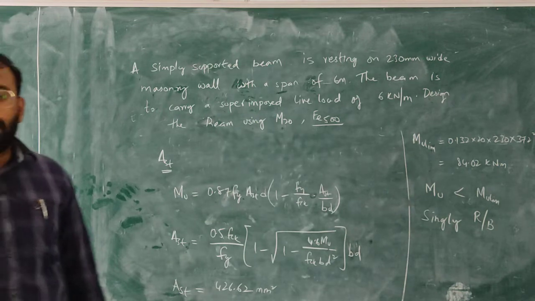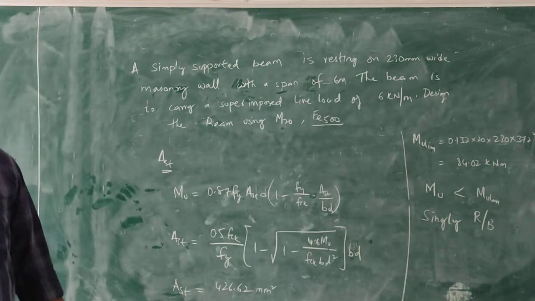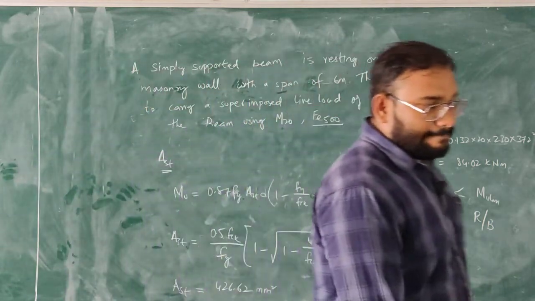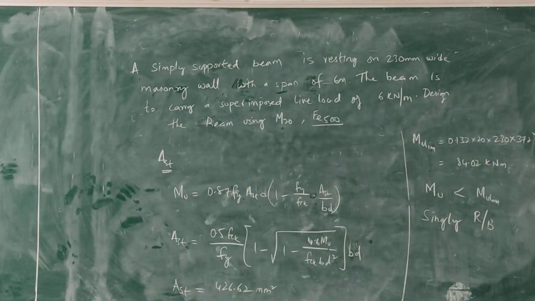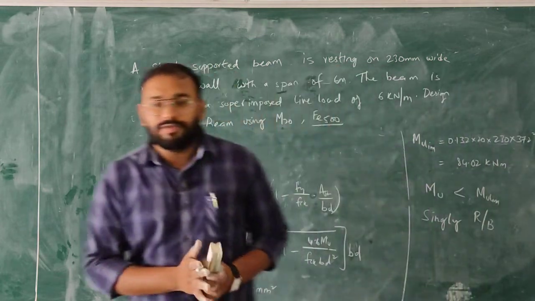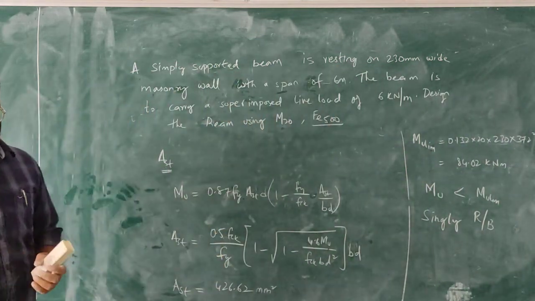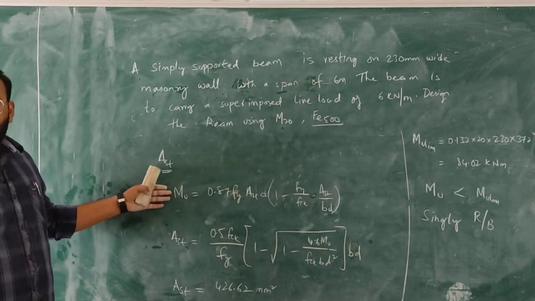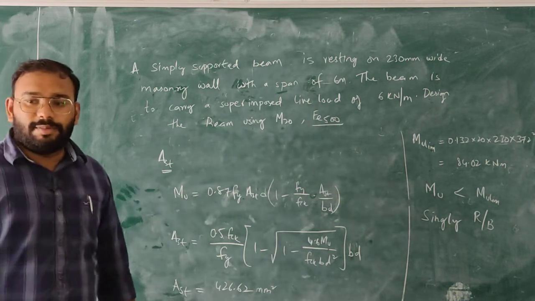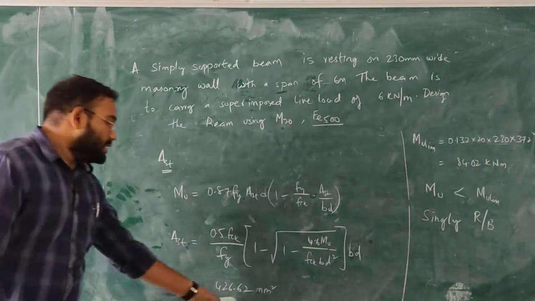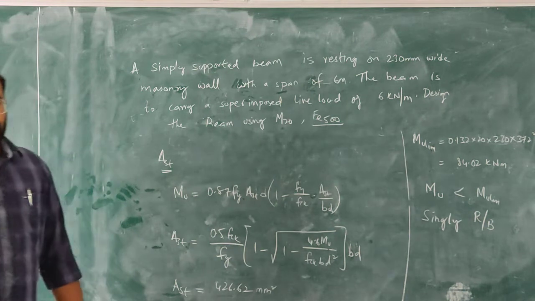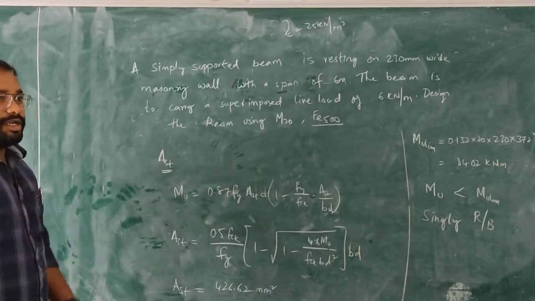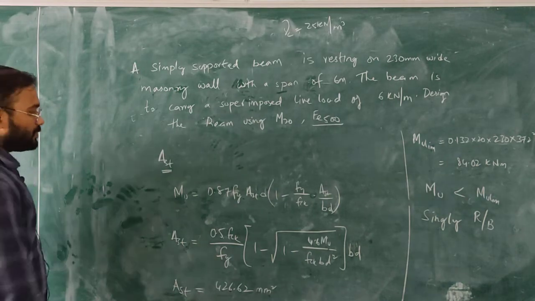You have not taken 60 into 10 power 6. Mu is 60 into 10 to the power of 6. 426.62. Okay, no problem. You have computed by using this formula. Some difference will be there between these two formulas, but this will be okay. So by using any of the two formulas, you got AST as 426.62 mm square.